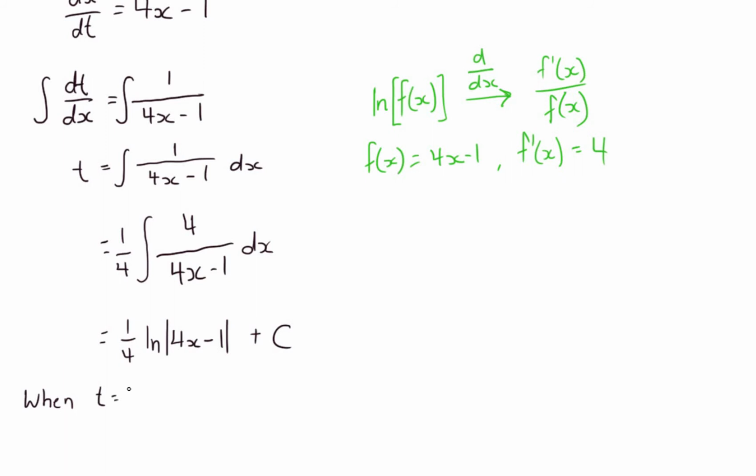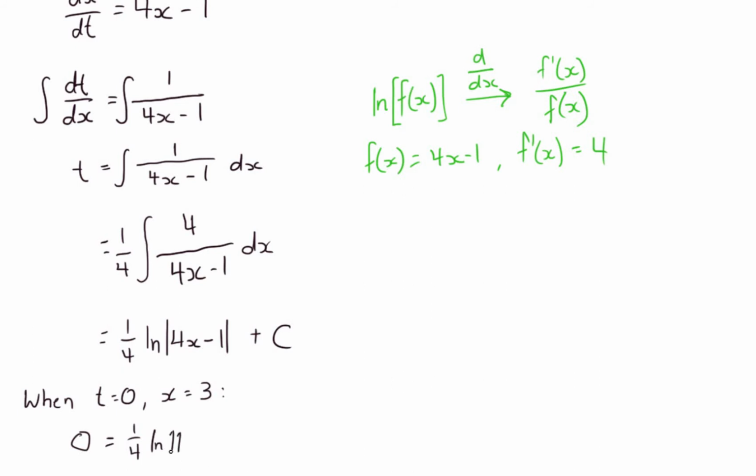So when time equals 0, displacement, or x, equals 3. So we have 4 lots of 3, which is 12, and 12 take away 1 is 11, and we know that the absolute value of 11 is just 11.